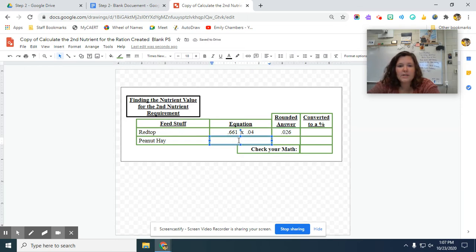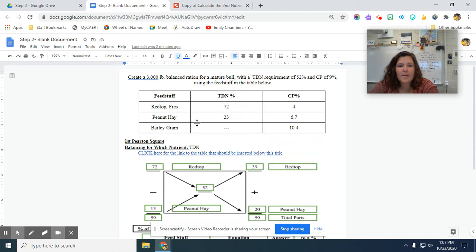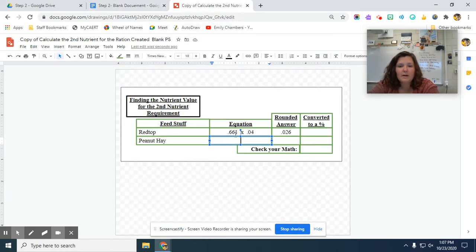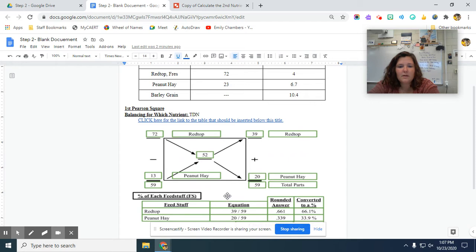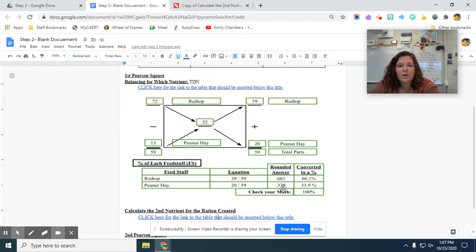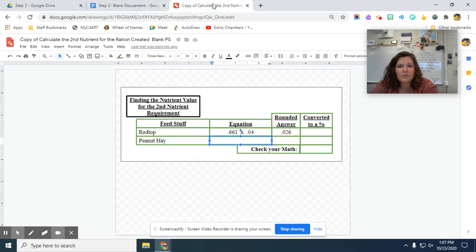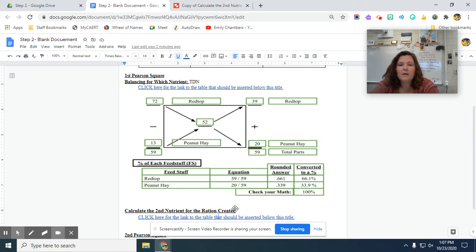Okay, we're going to do the same exact thing for peanut hay. So looking back, our peanut hay was 6.7% crude protein. So we need to know what percentage of our ration is peanut hay. And the answer to that is 33.9. So we're going to take it in that decimal format, 0.339, and we're going to multiply it by the crude protein of that.